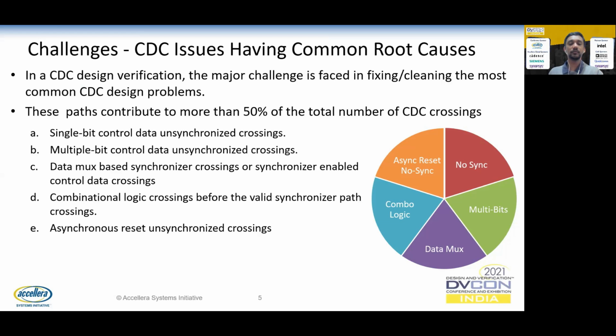So in this paper, we have focused mainly on these types of CDC crossings to get inputs from the CDC data mining techniques, where CDC analysis can assist users to identify the root cause for these CDC violations and errors.